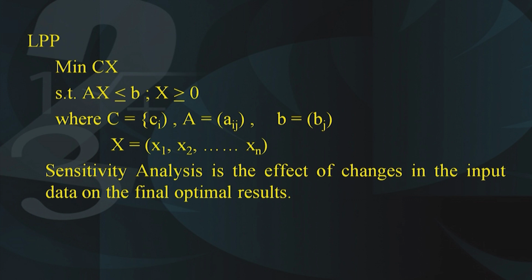The sensitivity analysis is nothing but the effect of the change in the input data onto the final optimal table. So, this is the definition we had given for the sensitivity analysis as defined last time.